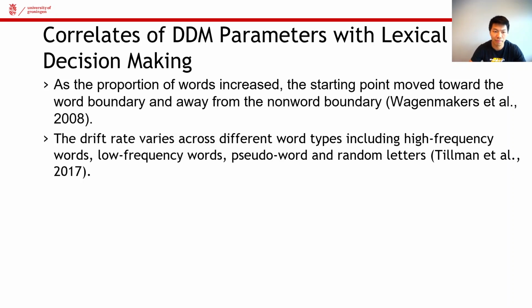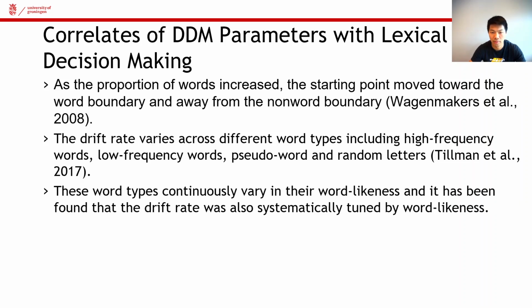In another relevant study, the drift rate was found to vary across different word types, including high-frequency words, low-frequency words, pseudo-words, and random letters. These different word types continuously vary in their word likelihoods, and it has been found that the drift rate was also systematically tuned by word likelihoods.